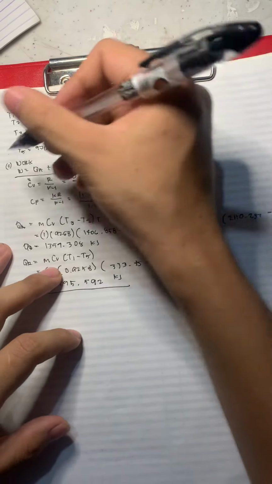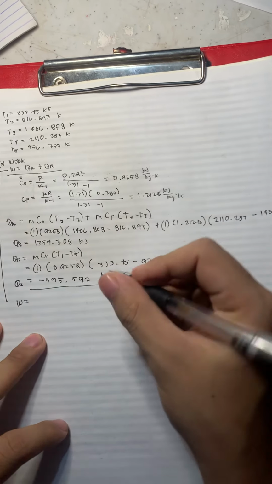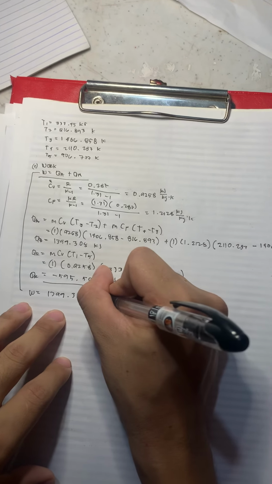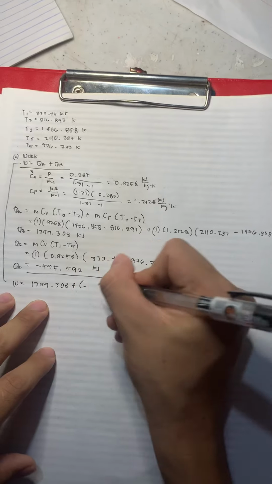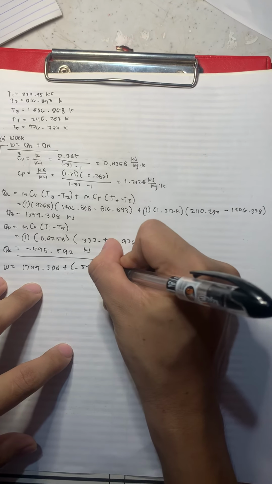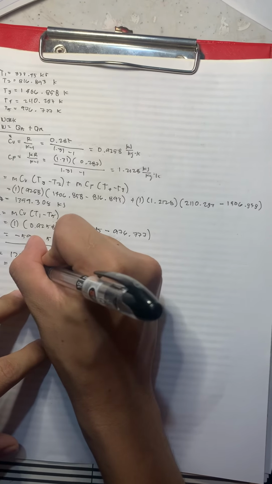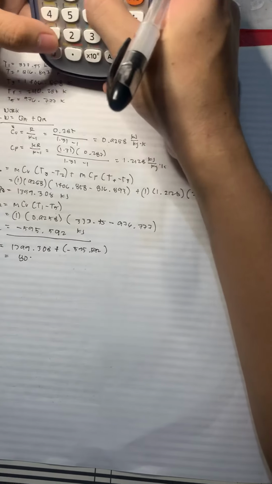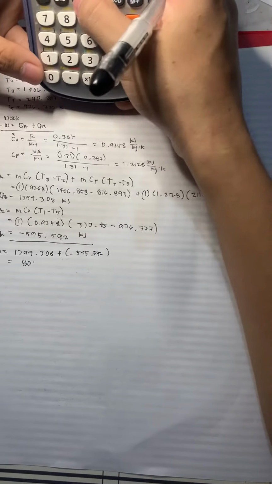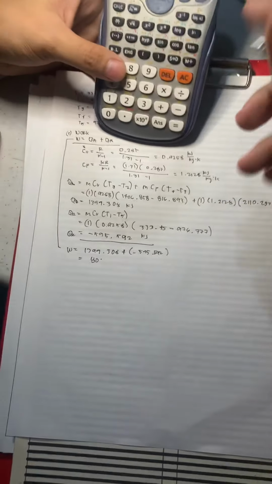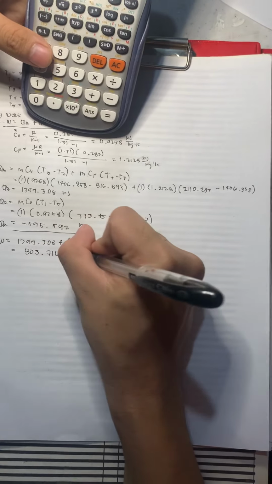Now, going back to the formula, work equals heat added, 1399.308, plus negative 595.592, equals 803.716 kilojoule.